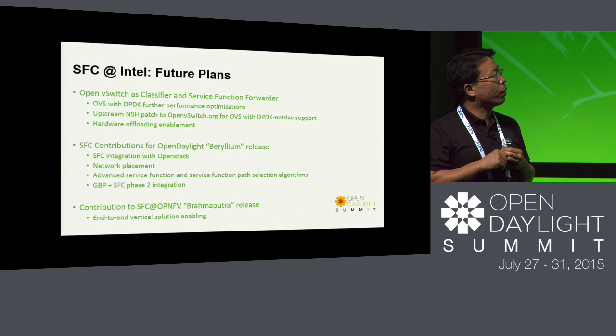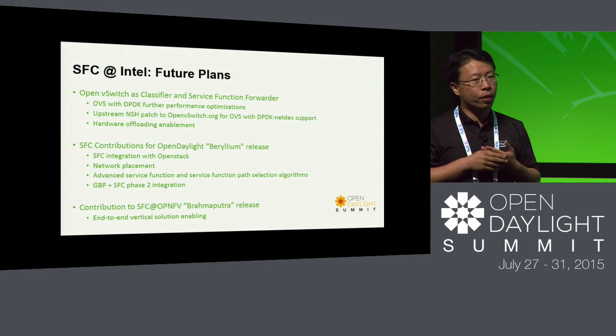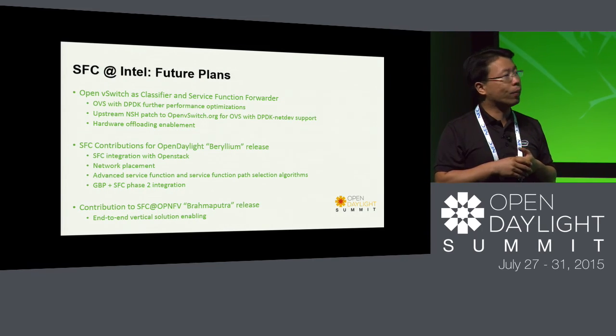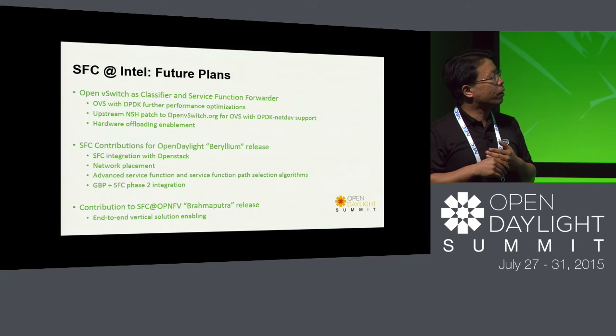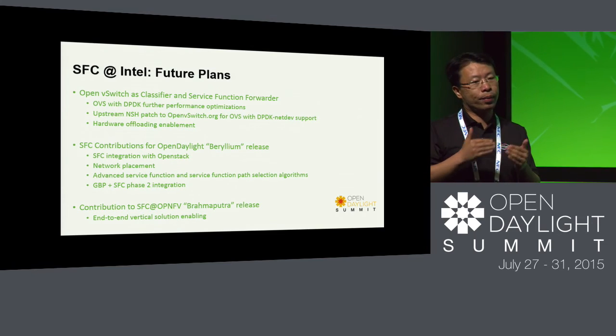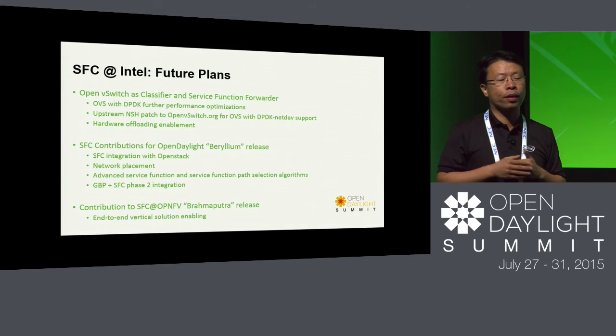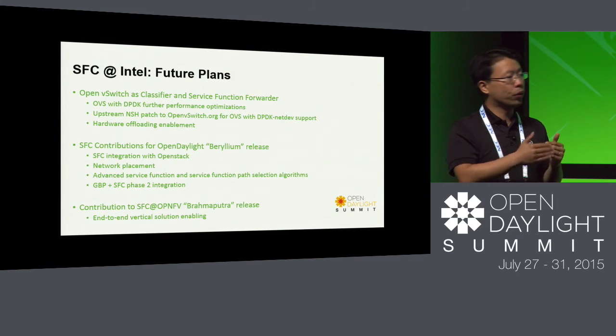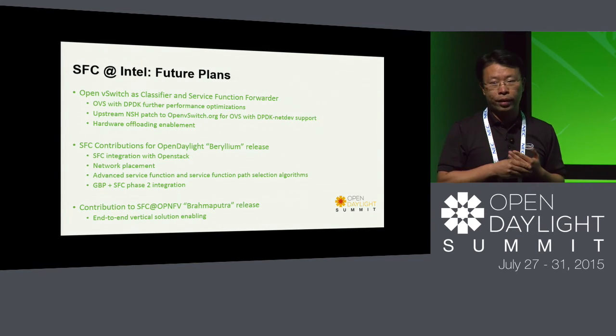We are also working with Cisco and Sierra, trying to upstream the NSH patch to openvswitch.org with DPDK netdev support. In addition, we are trying to offload VXLAN GPE NSH encapsulation and decapsulation from software running on x86 server to our smart NIC.